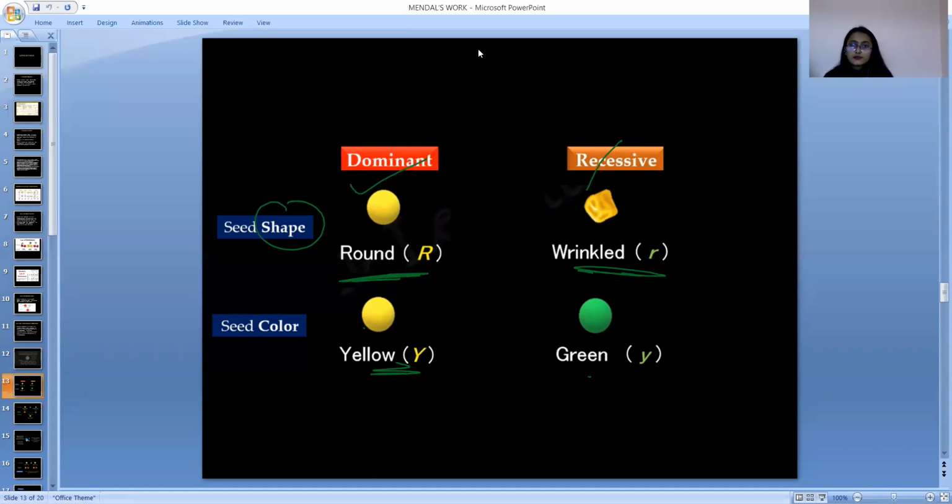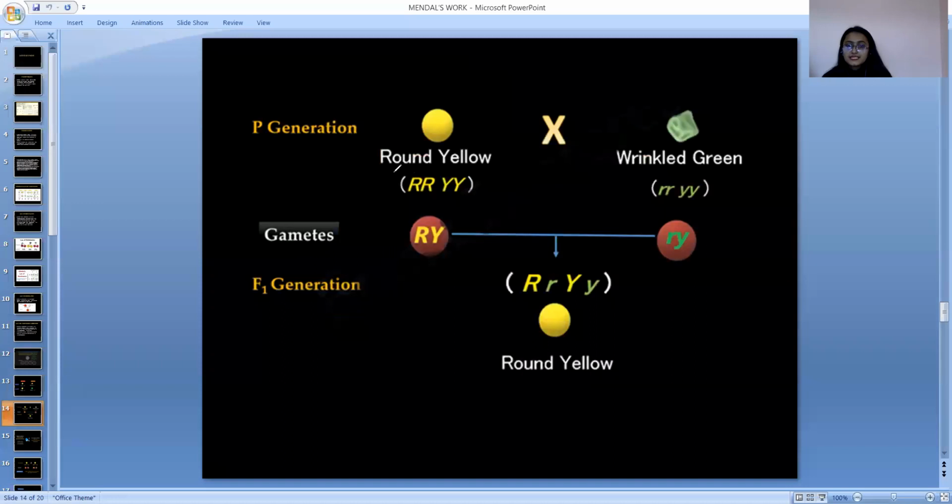Let's cross between them. For example, you are taking a dihybrid cross, taking two characteristics. We already talked about monohybrid and dihybrid crosses in the last video. So you are taking a round yellow and a wrinkled green seed.